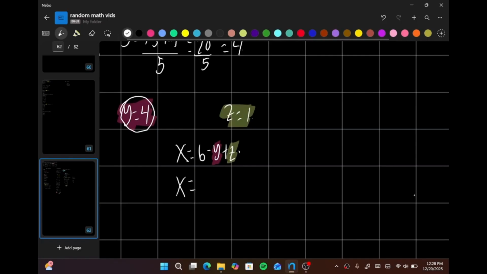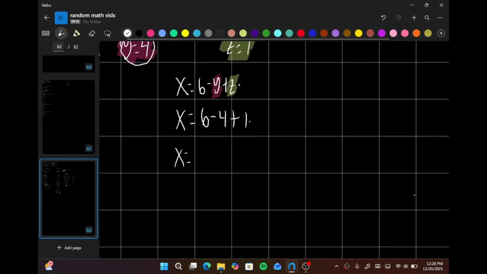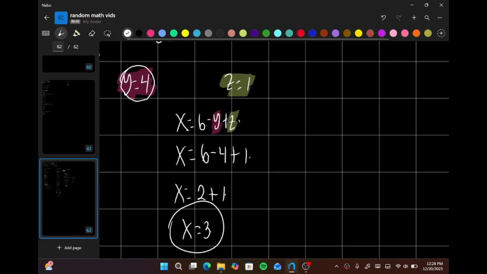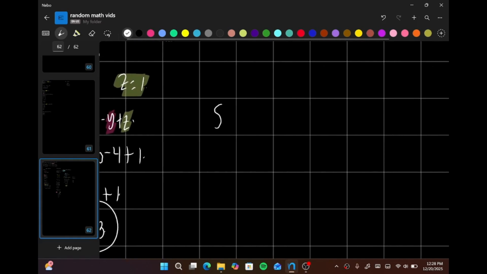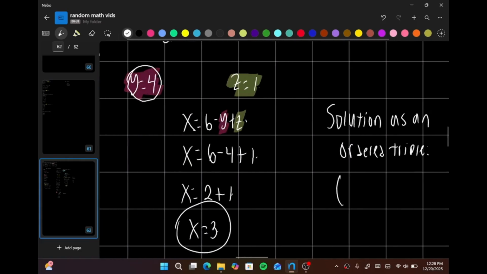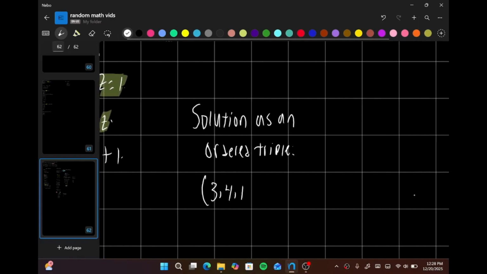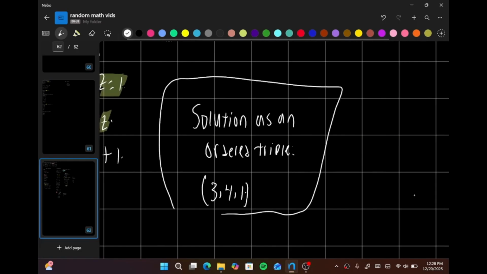So then x is going to be 6 minus 4 plus 1. x equals 2 plus 1. So x equals 3. So we know that x equals 3, y equals 4, and z equals 1. So the solution as an ordered triple, sorry, is going to be 3, 4, 1. And that is going to be the final answer, guys.